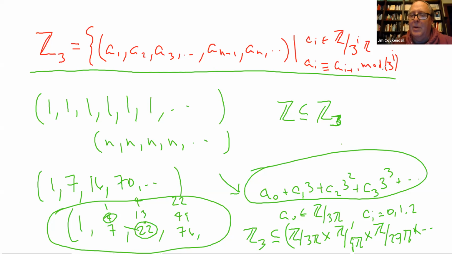So for example, in this ring here, Z3 cross Z9 cross Z27, I can have, let's say 1, 3, 3, 3, 3, 3 forever. I can multiply that by 0, 3, 9, 27, and so on forever and ever, and I get 0.